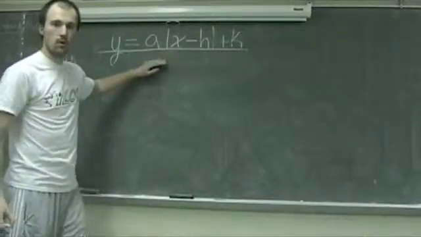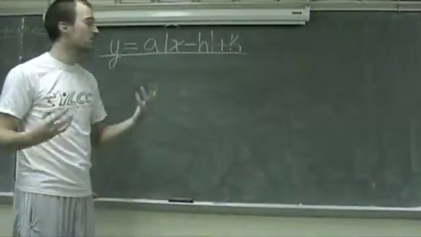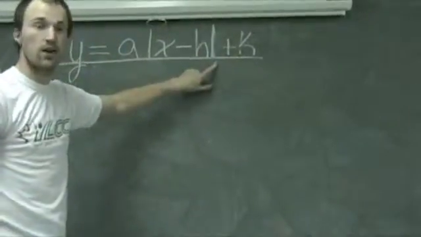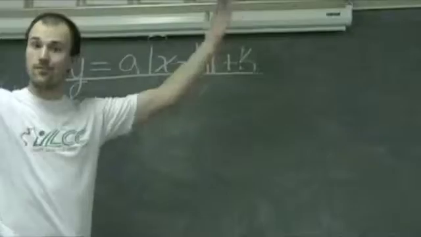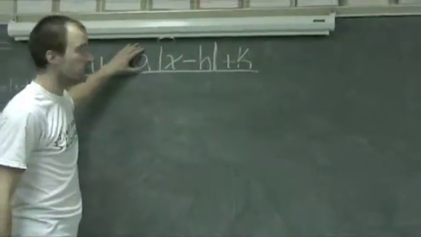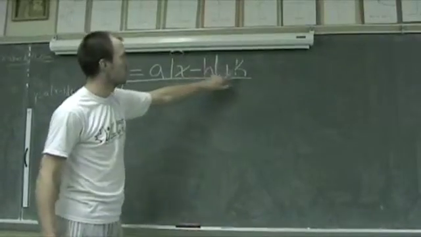And in this form, we have a couple of different characteristics. First off, we have the absolute value sign, so we know that it's going to look like a V. Okay, it's going to look like that type of graph. We have a variable a that we'll get to, but I want to start off with h and k.